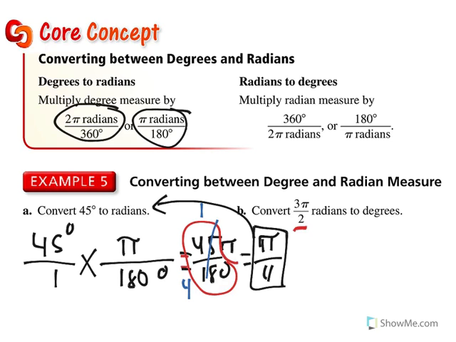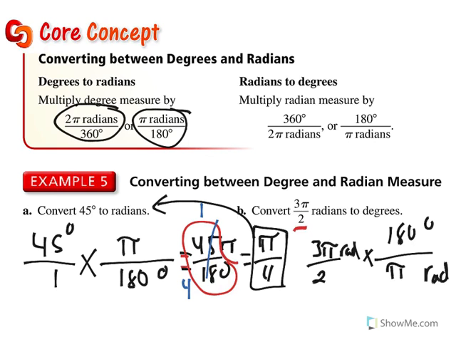So now if we look at B, we're going to do the opposite. We're going to start with a radian. So we have 3 pi over 2. Okay, and this is in radians. And so I want to multiply where radians is now in the bottom to get rid of it. So radians needs to be in the bottom. And that means I would want degrees on top. So that means I'm going to do pi on the bottom. And so that 180 is on the top. That's this one here.